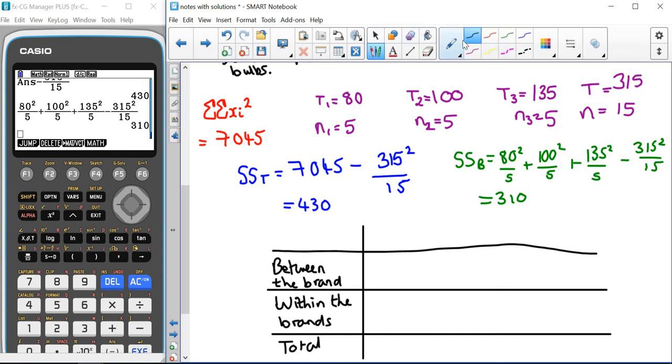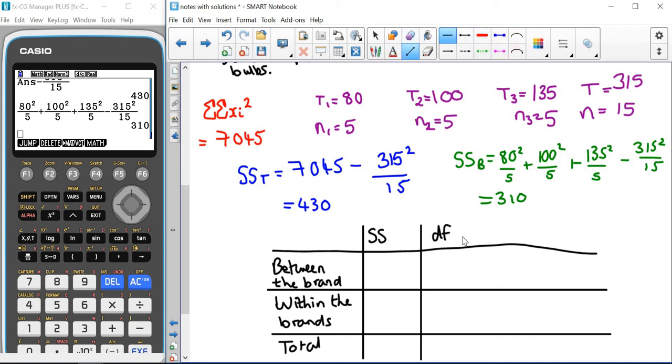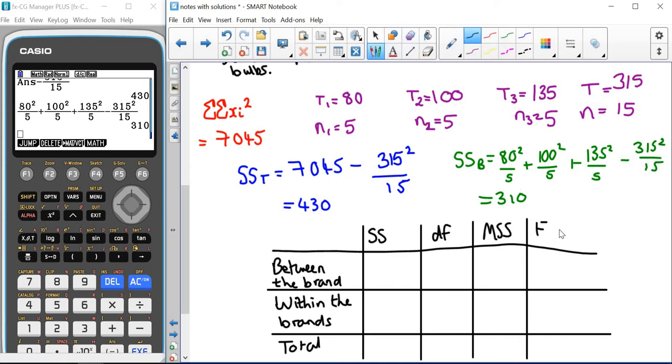As we saw in our table before, our first column is going to be for our sum of the squares. Our second column is going to be for our degrees of freedom, which is going to help us to look up the critical value. Our third column is going to be for the mean of the sum of the squares. And our last column is going to be for our F ratio. So that's where our test statistic is going to come into it.